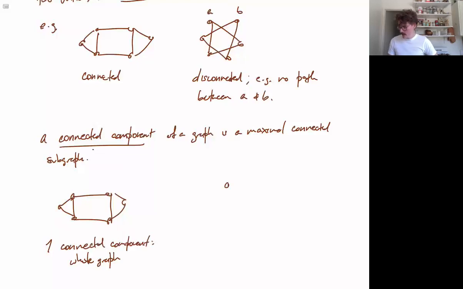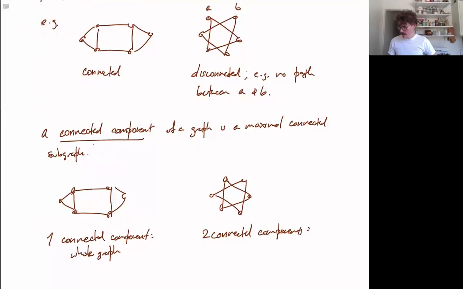Whereas in this example, there are two connected components, namely each of the little triangles. So this one and this one. So connected components are basically the technical term for the fact that a disconnected graph is just a couple different graphs sat next to each other.